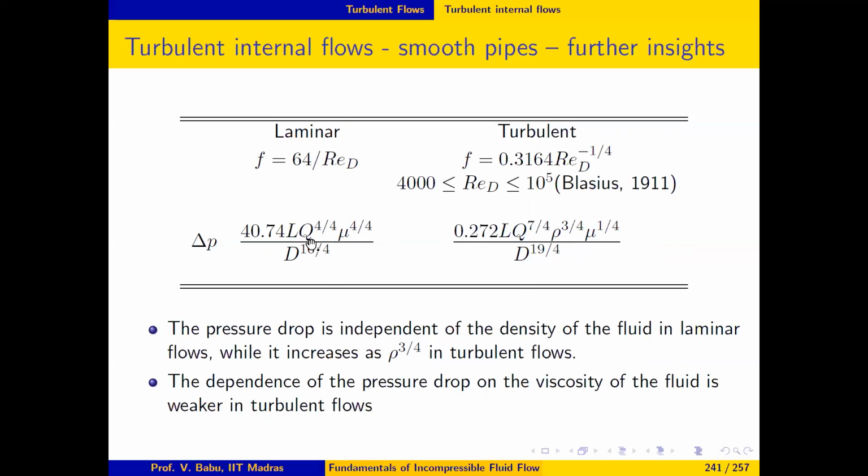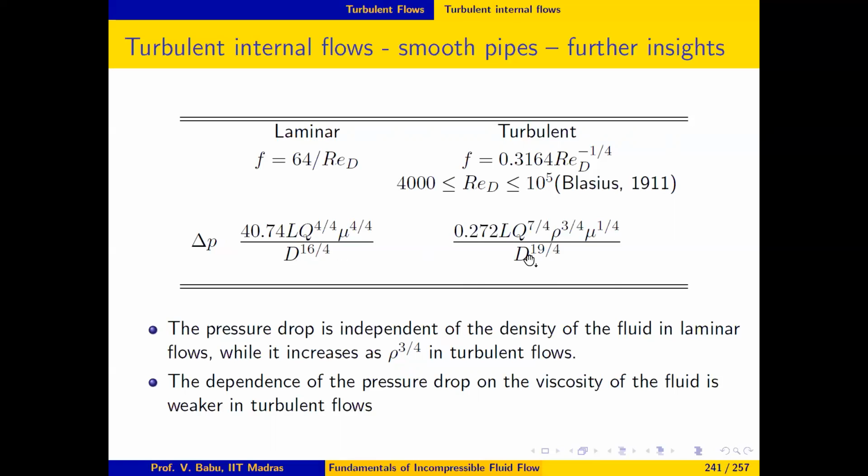Now, the next important thing that we observe here is that the pressure drop in the case of laminar flow is dependent on Q, whereas in the case of turbulent flow, it is dependent on Q raised to 7/4. So it is almost proportional to Q square. And the dependence on diameter, as you can see here, in the case of laminar flow, is d raised to the power 4 inversely. Pressure drop depends inversely on the diameter as d raised to the power 4.